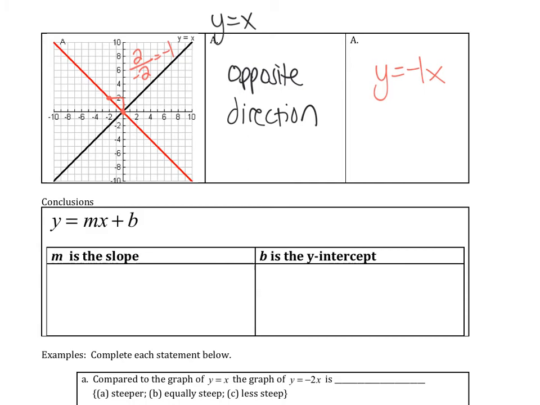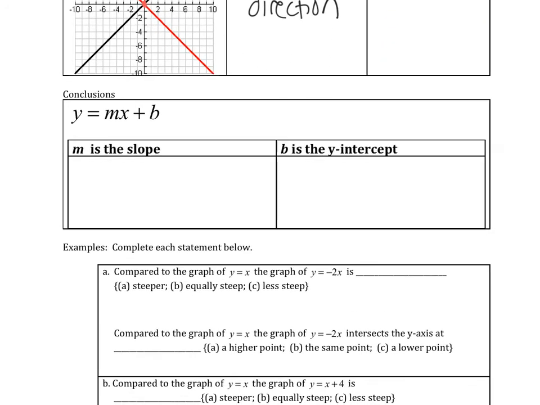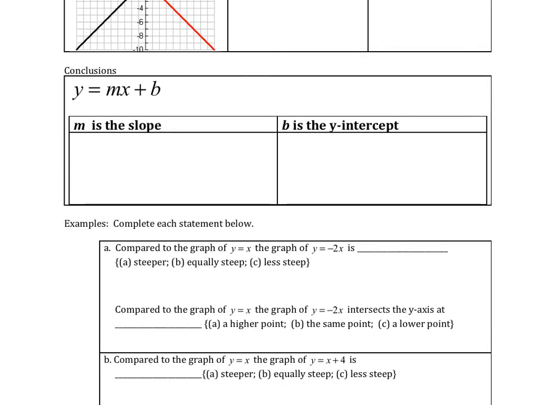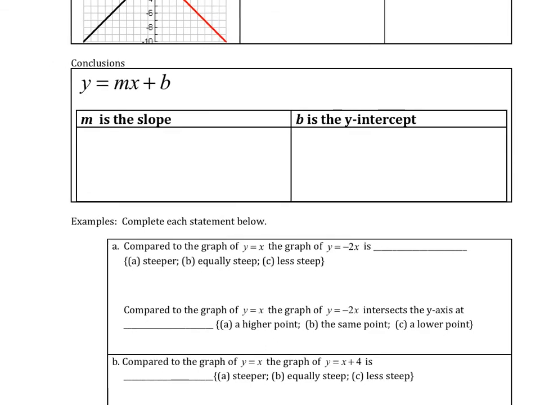Okay? So the conclusions from these notes are that when you have the equation of the line, y equals mx plus b, m is the slope, and the slope in particular, let's color it blue, tells you how steep a line is, the steepness of a line.